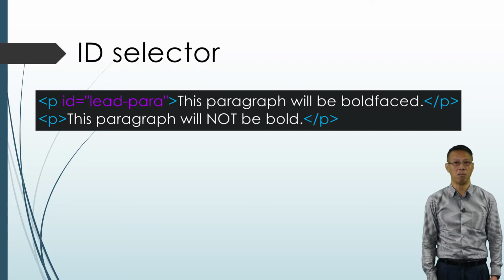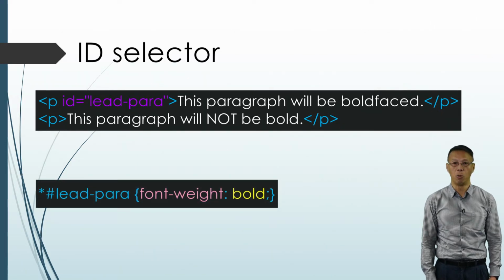Now, for this element with the ID attribute, one can use the rule specified in the CSS file as we see below. So we can see star pound lead para. What does it mean? It means that all elements, this is true and applicable.